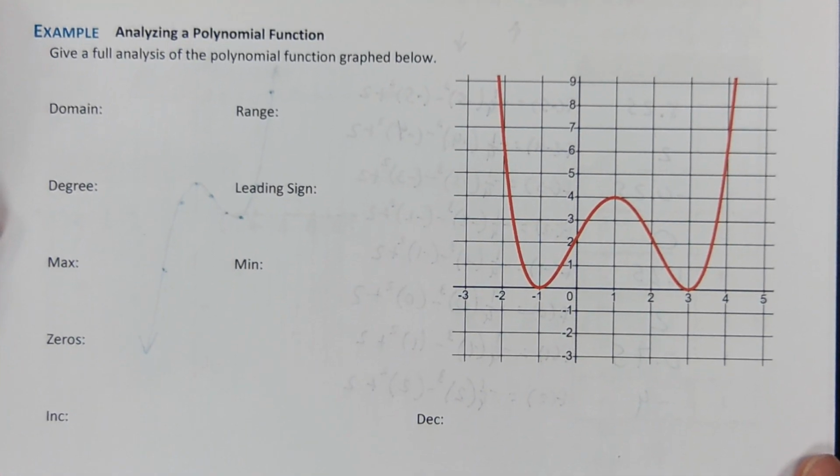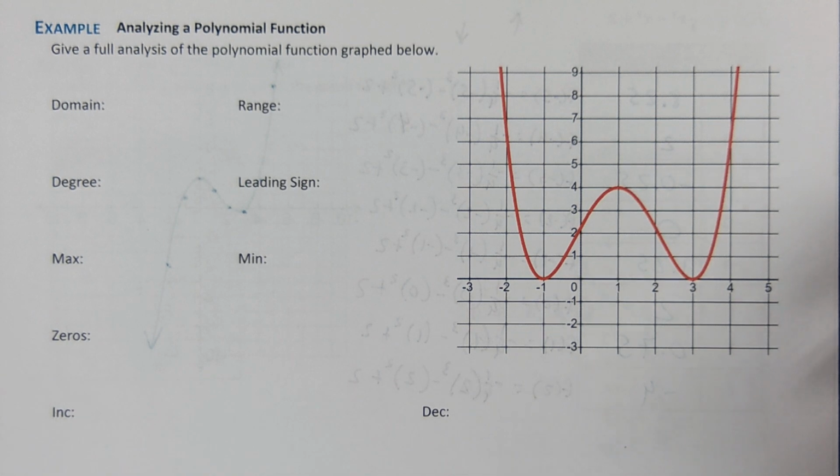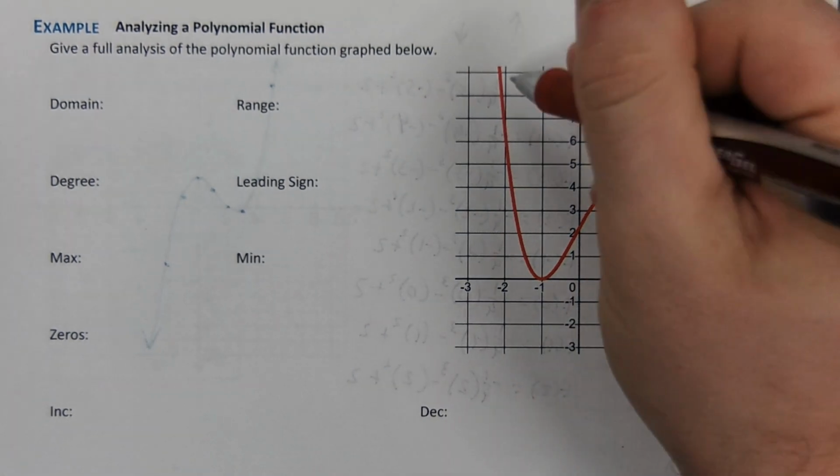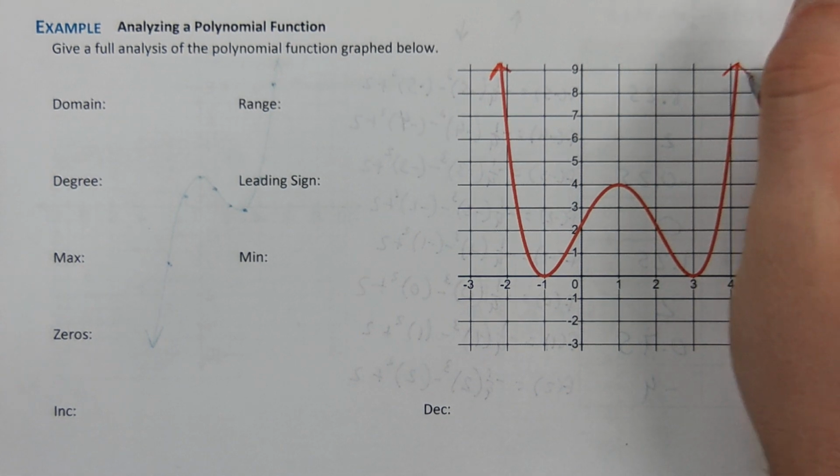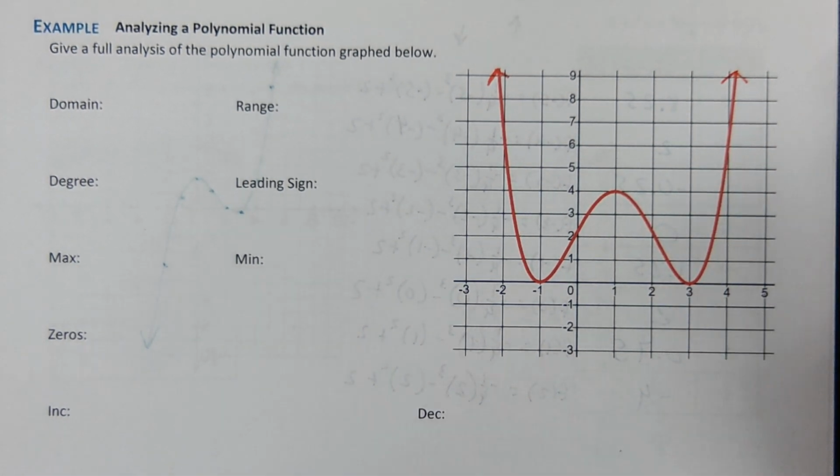We're going to get a full analysis of this polynomial. So we're going to be using a lot of our chapter 1 knowledge when we start talking about increasing, decreasing, maximums and minimums, things like that. This is a polynomial. And I know they're not on here, but the implication is that these things have arrows on the end. The graph never stops.